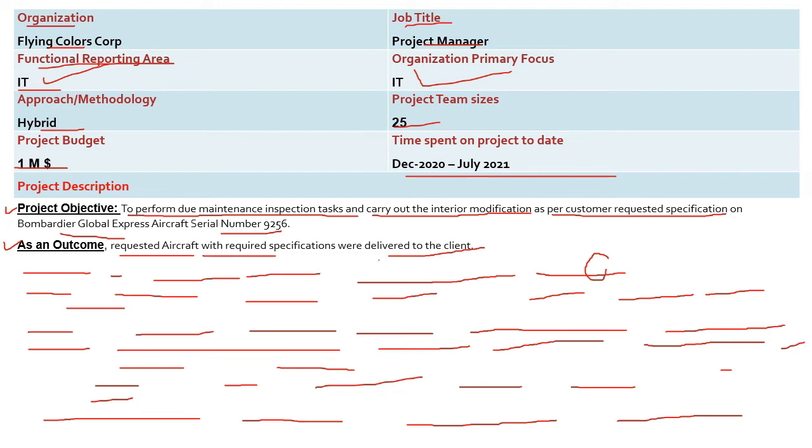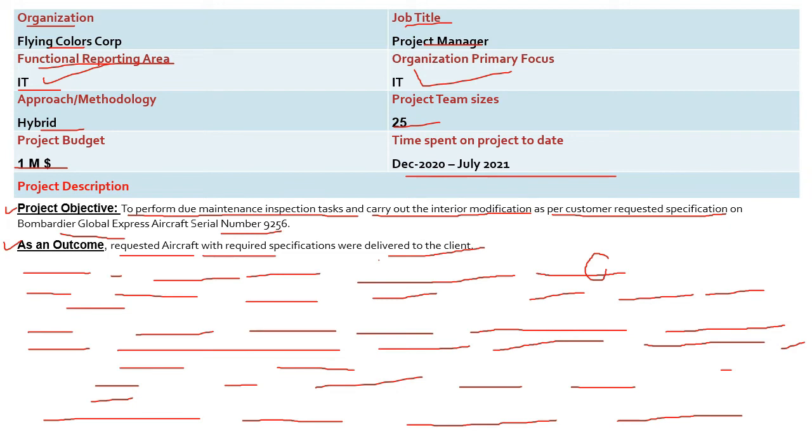This is the project objective. There is one disclaimer here, guys: each and every project is unique and you are going to write your own project descriptions. So write the project objective, write the outcome your project got out of it, and also all the project management activities you have done in that particular project.